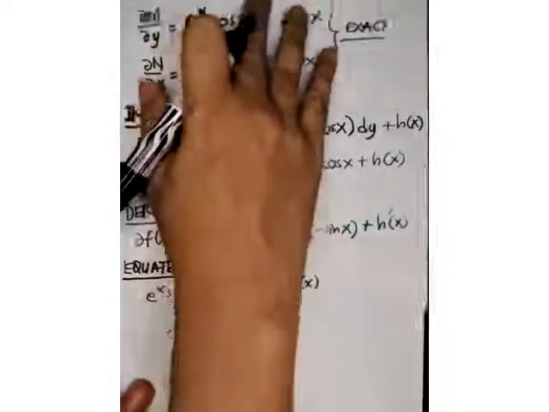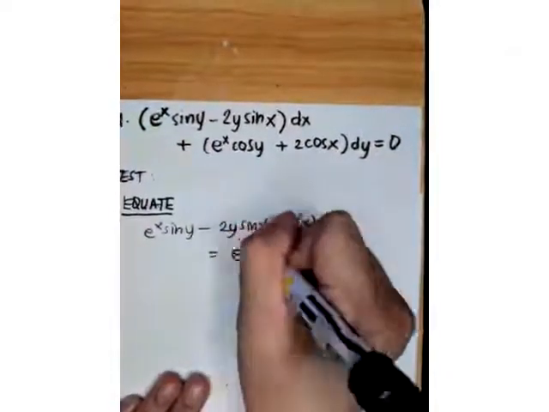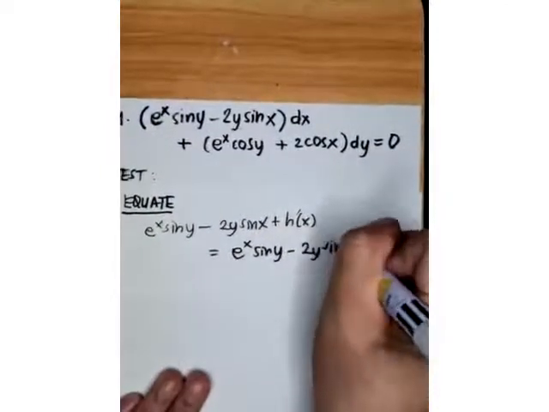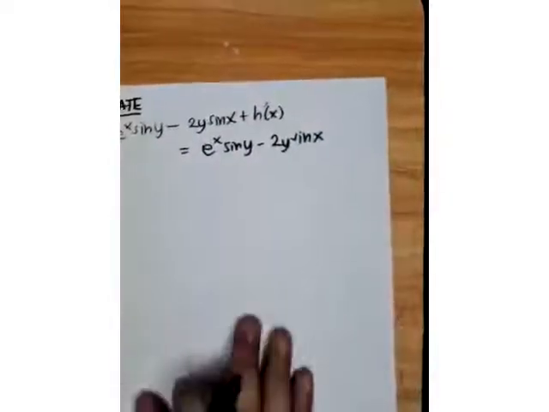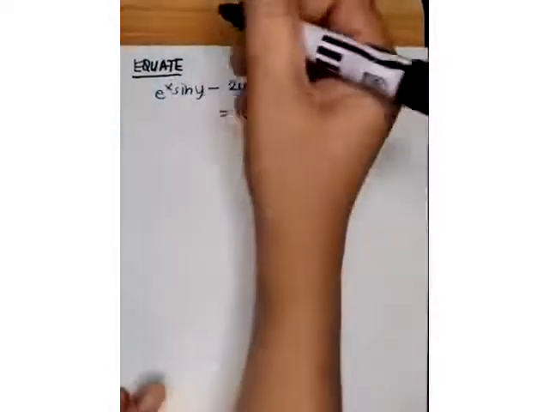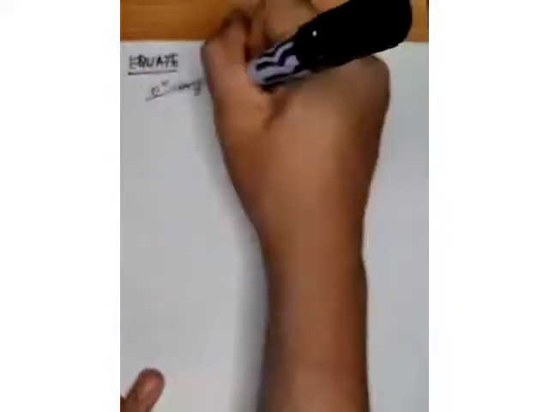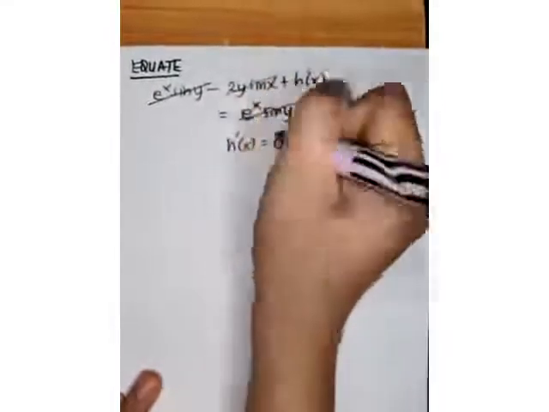So that's equal to M, and M natin is e raised to x sine y minus 2y sine x. Okay, and then let's simplify. We can cancel this, and we can also cancel this and this. So therefore, h of x prime is equal to 0.